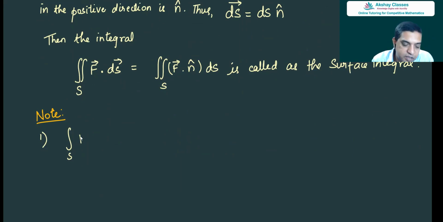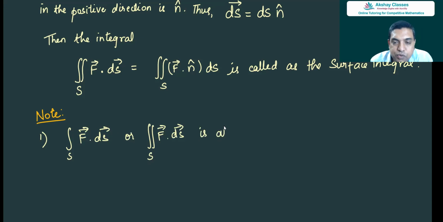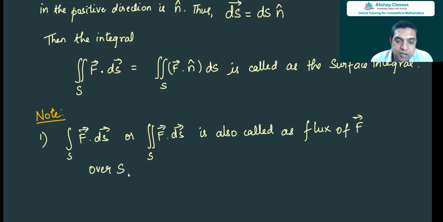If needed, to be on the safe side so you don't get confused, you can write it like this. Now this integral is also called the flux of F over S, over the entire surface.